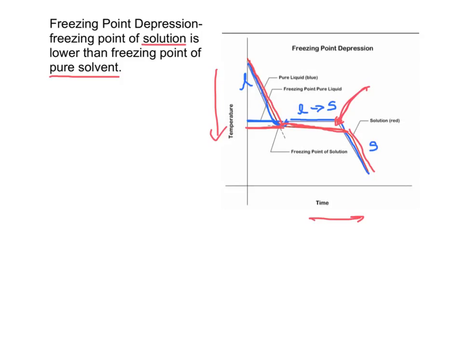So now its freezing point goes down even a little bit more, and as more solvent freezes, it becomes more concentrated, so the freezing point gets a little lower, and it keeps going. So it never quite levels off here. We usually call the freezing point of the solution right here, though, where it starts to go down.